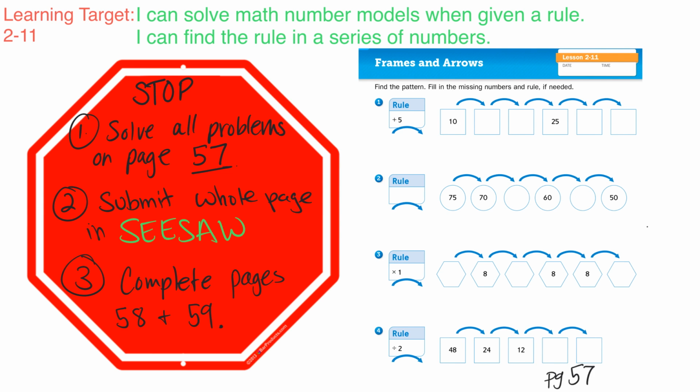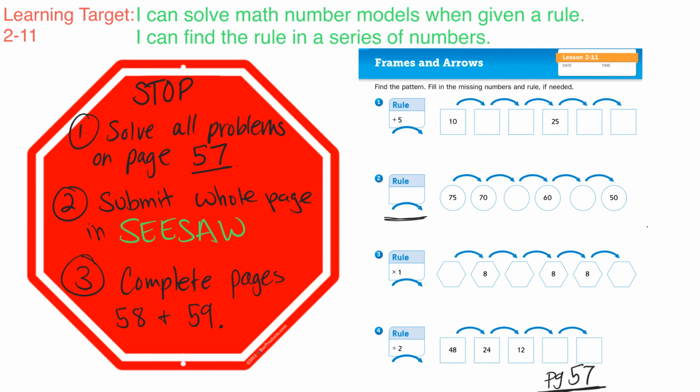All right, now's the point in the lesson where you're going to start working independently. If you look in your journal right here on page 57, you'll see that there's some similar types of problems that we solved. I want to point out that number 2, you're finding the rule, and in each of these other problems, they're giving you the rule.